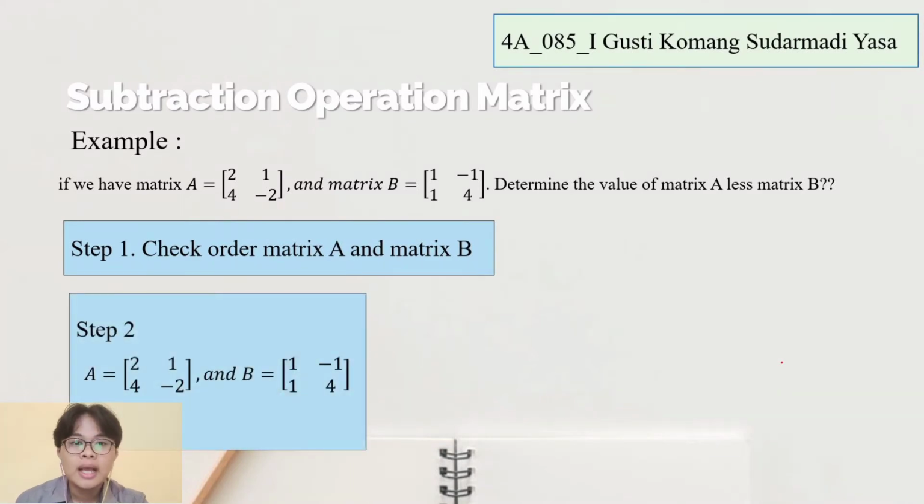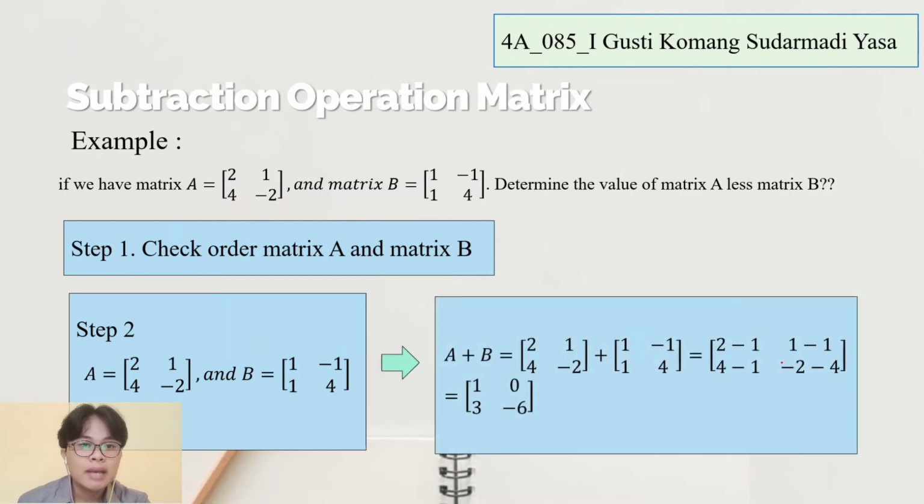The second step is to subtract the corresponding elements of matrix A and matrix B. From the question, we get 2 less 1, 1 less 1, 4 less 1, and minus 2 less 4. Then, we get a new matrix with elements 1, 0, 3, and minus 6.